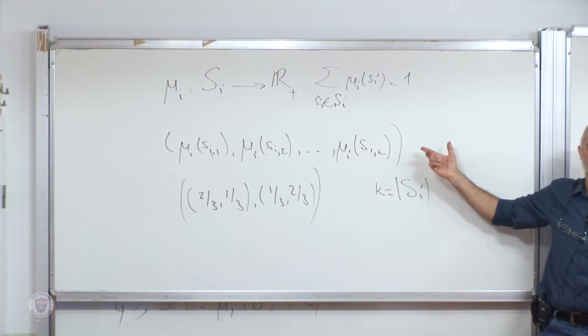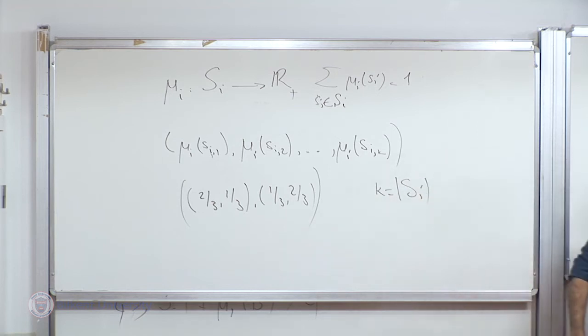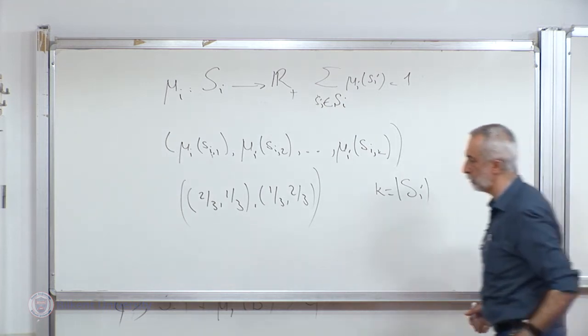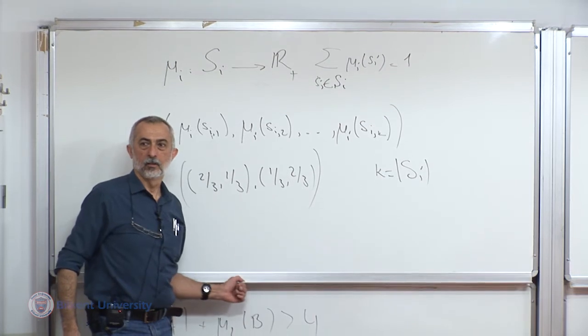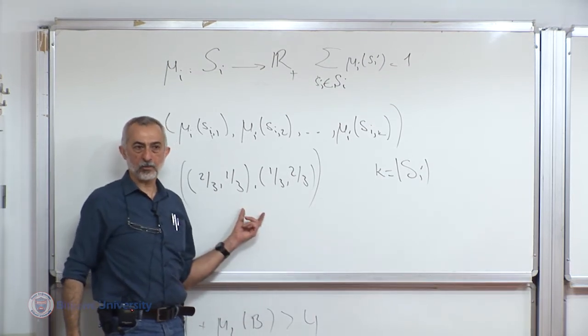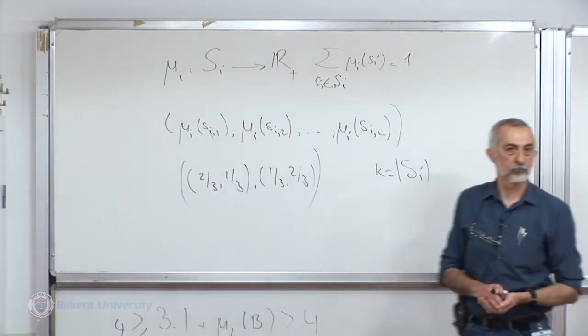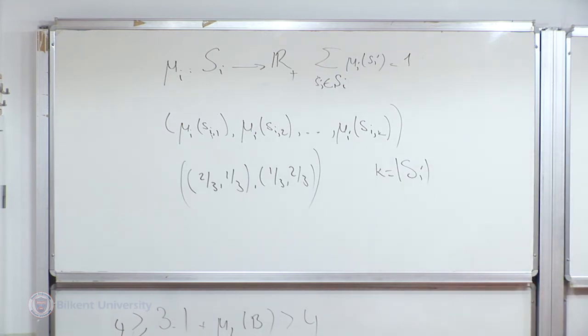So what can you say about the set of Nash equilibria? These are side remarks, maybe more advanced level things. But if you remember, when we proved the Nash existence theorem, what did we use? We used Kakutani's fixed point theorem.